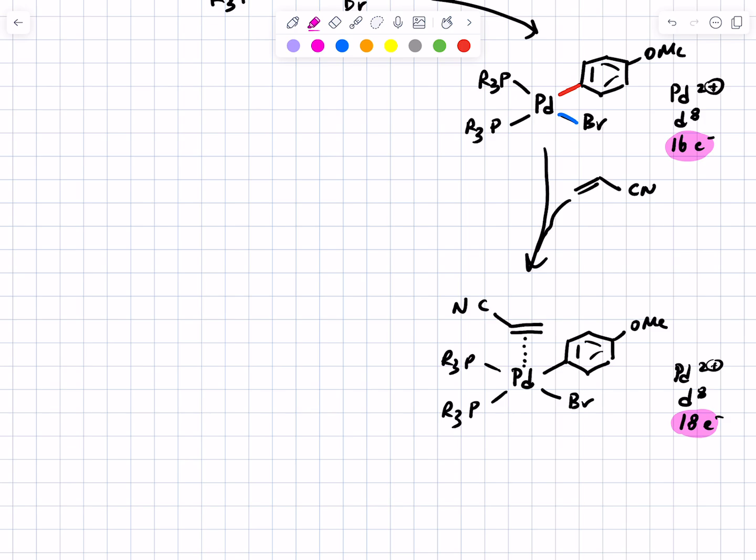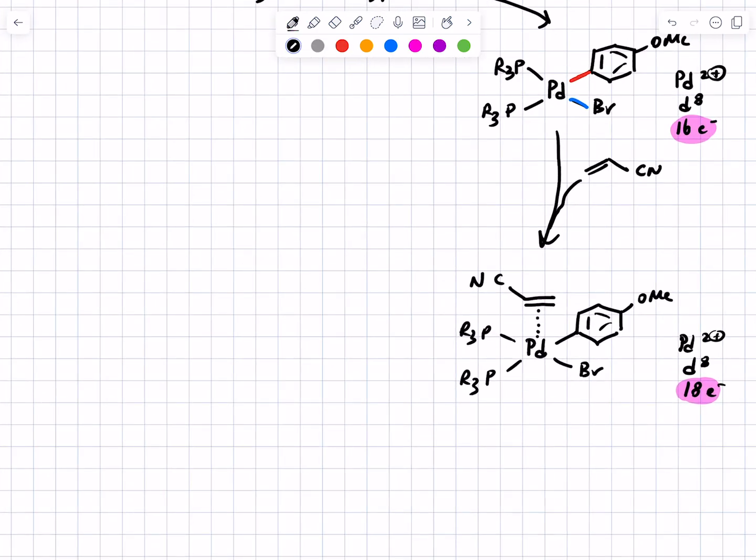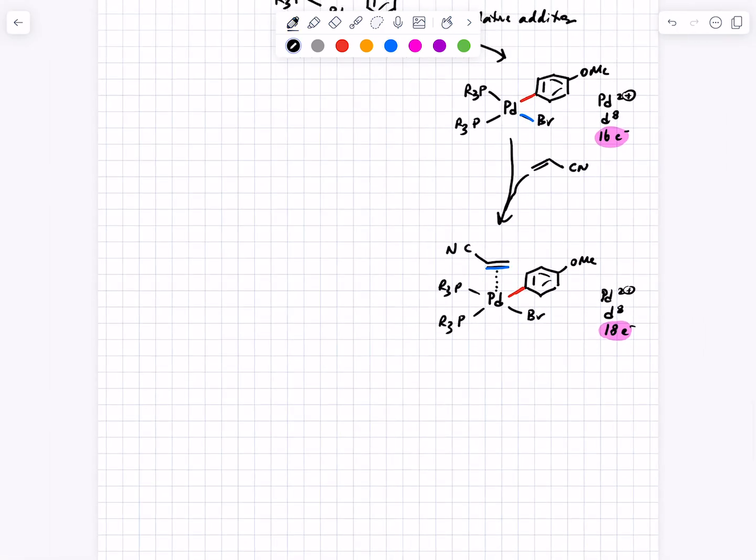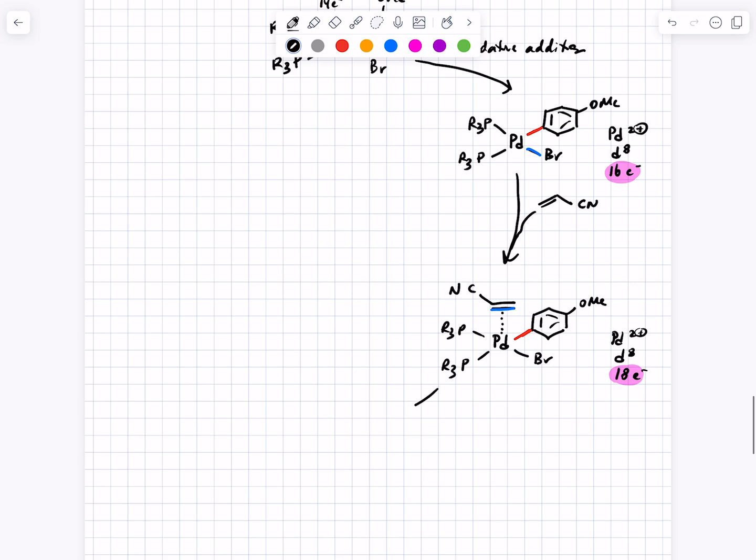So what happens next is the stage at which we make the new bond. I'm going to label electrons just to have an idea of what's going on here. This is a new step, and I don't necessarily expect you to be able to predict or even recognize this step, but I do want to talk our way through it.